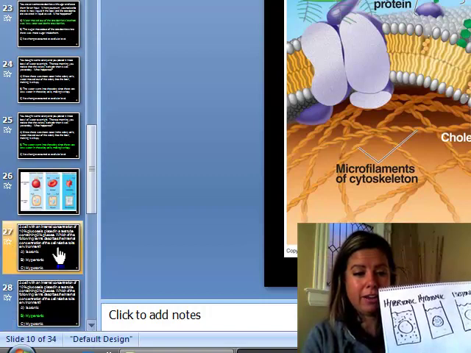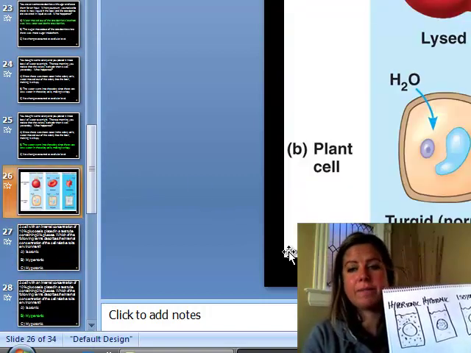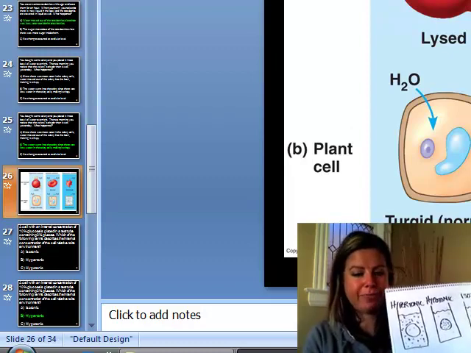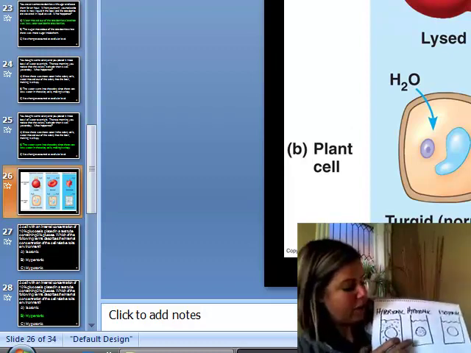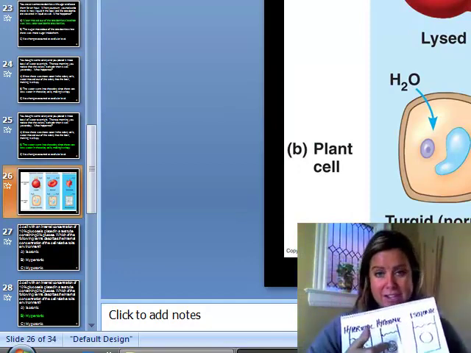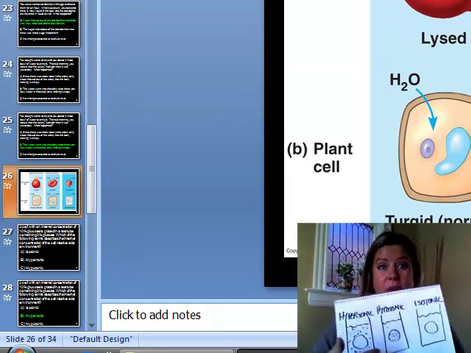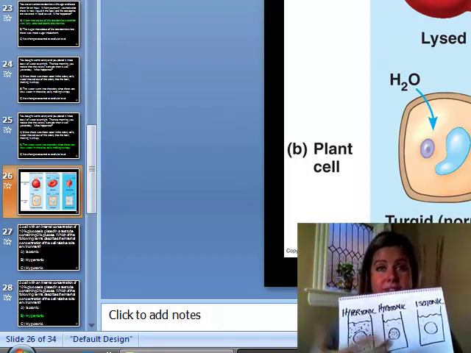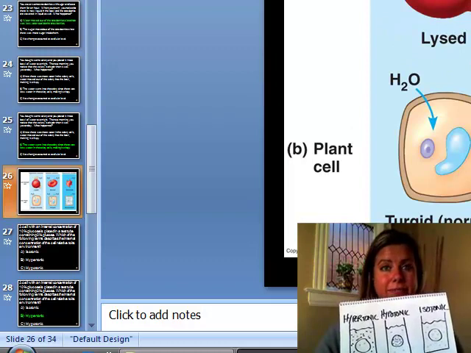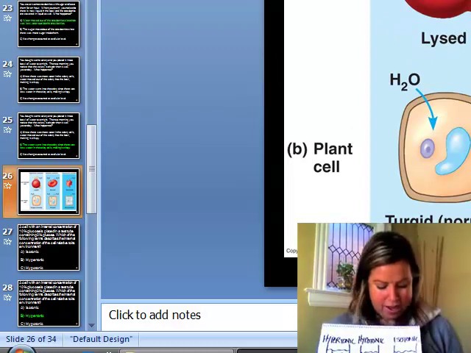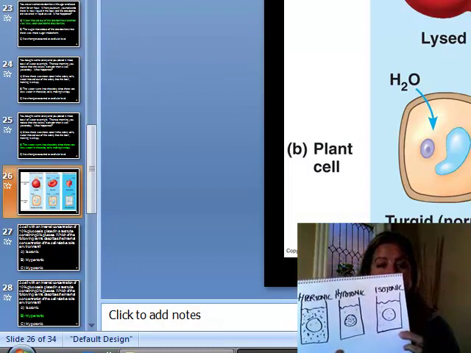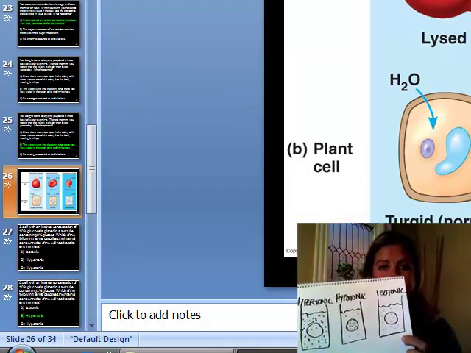There it is. Okay, so water going out, it's going to shrivel up the cell. Now, in this next situation, hypotonic, water is going to go into the cell. It's just going to keep going into the cell until eventually the cell explodes, and that's this situation here, and that's called lysing. Then, in this situation, this is when an animal cell is happy because it's in an isotonic solution.